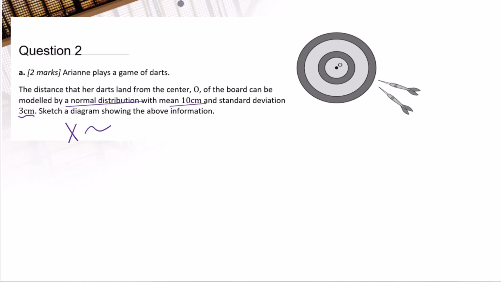X follows a normal distribution with 10 centimeters as the mean, 3 centimeters as the standard deviation, 3 squared. Mean is 10.